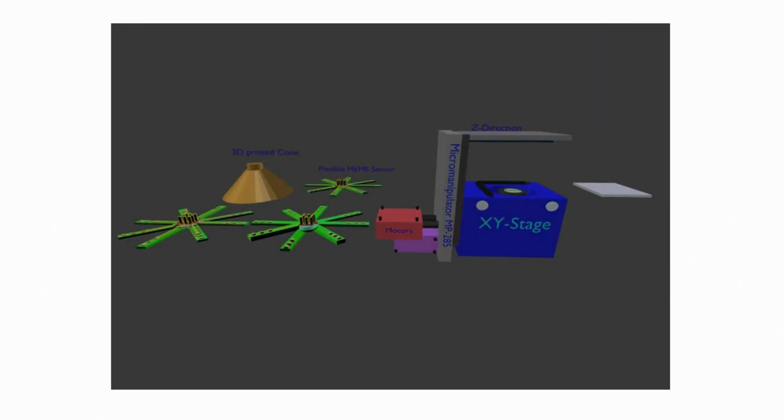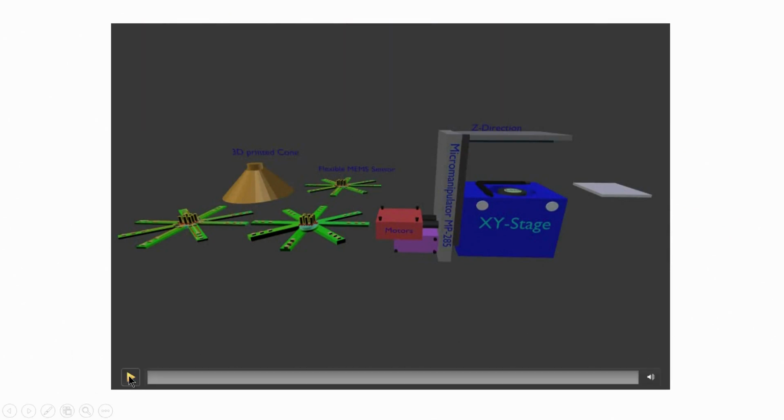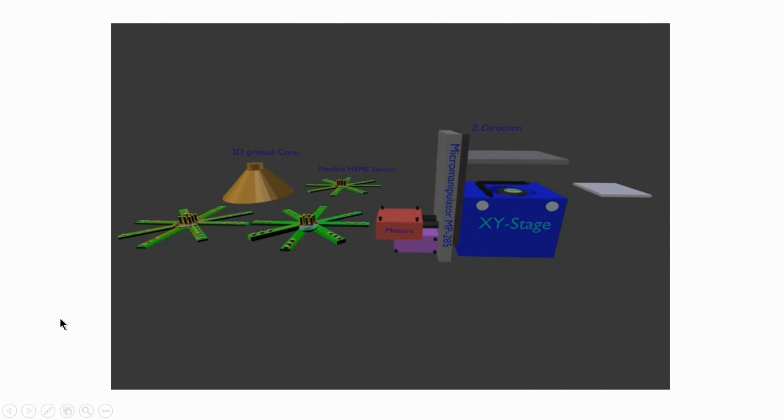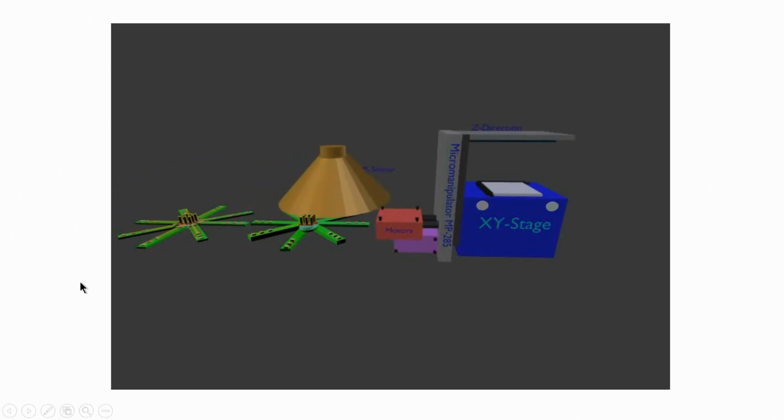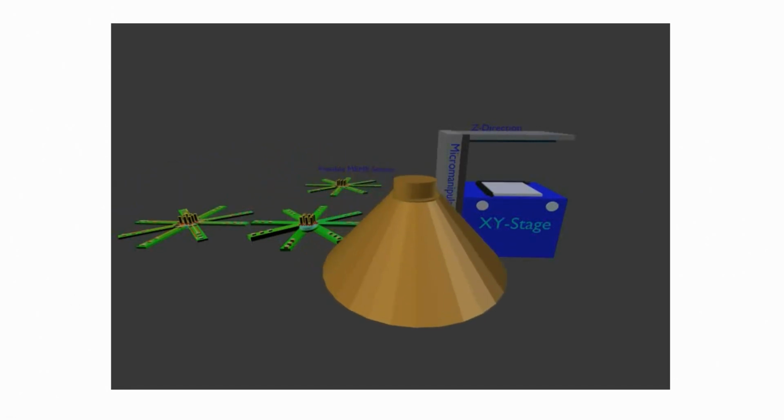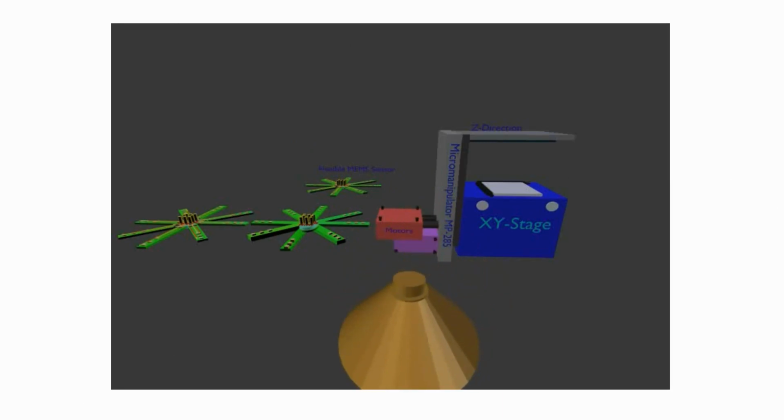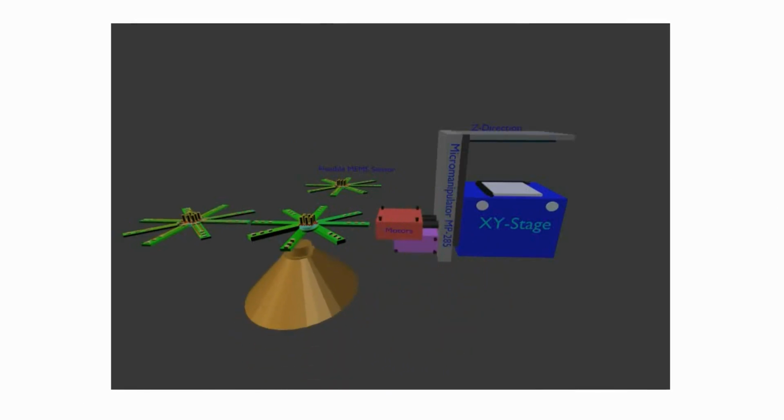So, how does this thing work? You can quickly see this video, a 3D animation that I have created with the help of Maya, and this is a stage. Now, we have placed the bottom microgrid array, this 3D printed cone, and on this cone we will be loading our MEMS device.